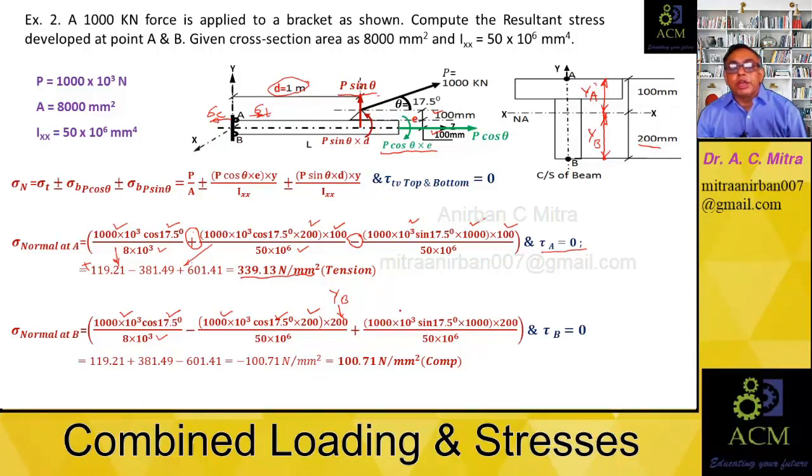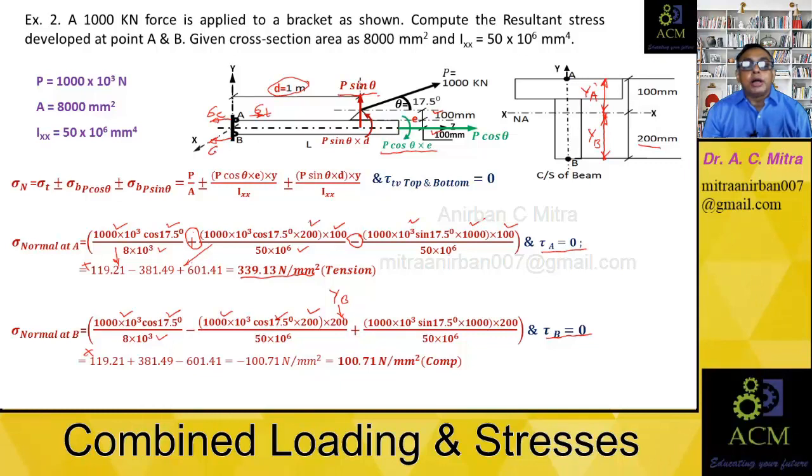Next one is the same. It will be P sin theta into D. D is 1000 and YB is equal to 200, divided by Ixx, 15 into 10 raised to 6. And again in this case also, at the bottom point, tau B is equal to 0. Now again the most important thing is the sign convention. So tension is again the positive one. Now due to P cos theta into E, which is in the clockwise direction, at point B it is applying a pushing force.